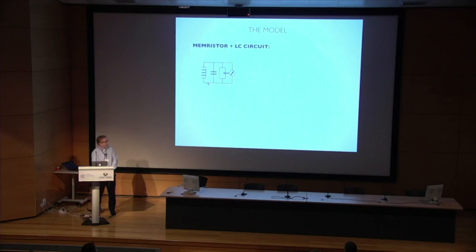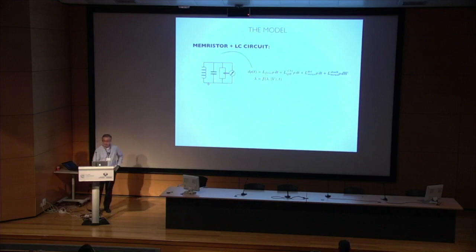So we looked at the memristor with this idea coupled to an LC circuit. And the way we did it was by looking at the stochastic master equation, in which we are looking at a density matrix where we have the free part, and then we have this interaction term, this bus, and then we have the measurement. We are going to do weak measurements, so we have to use a formalism for weak measurements. And this is associated with the weak measurement itself that's going to evolve according to this law.